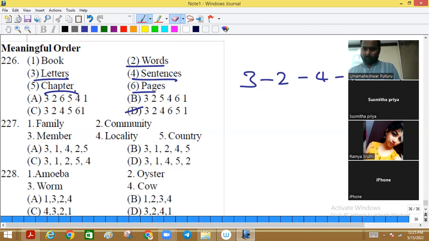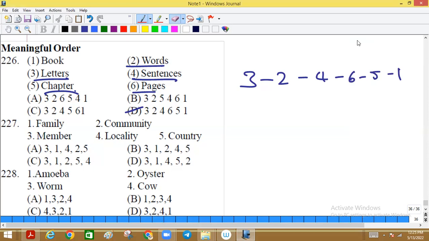Let's start with this. First comes member. Member in a family.